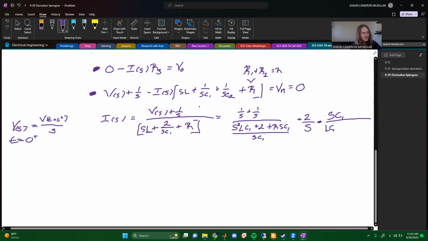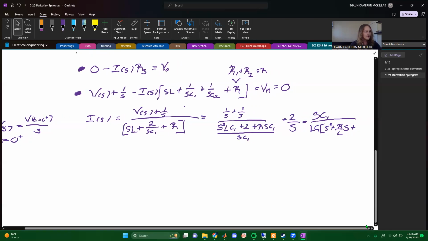So I have LC1 times S squared plus R, and I factored out the C1, so that will go away. I'll have R over L, because there was no L term in that. Plus, let me slide this screen over a bit, plus 2 over LC1. So that's my whole denominator.